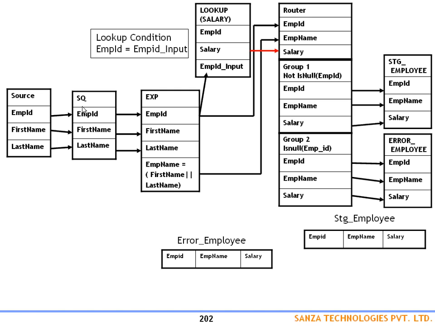If it is a file, it will go to that path, get the complete data into the lookup transformation cache. Lookup transformation also has a cache inbuilt. So at runtime, if you have a lookup in your mapping, it will go to the table or file, get the complete data and put it in the cache. So this is the lookup cache.